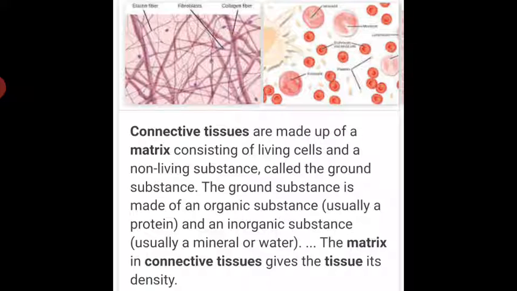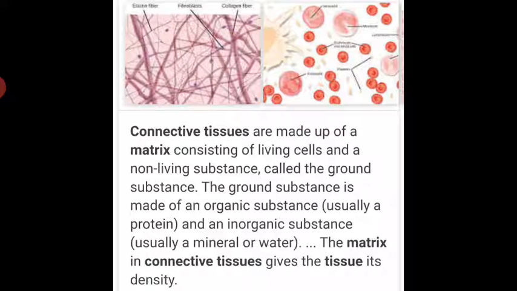You can check this image with a small description just below it: connective tissues are made up of a matrix consisting of living cells and a non-living substance called the ground substance. So these connective tissues are made up of living as well as non-living substance.